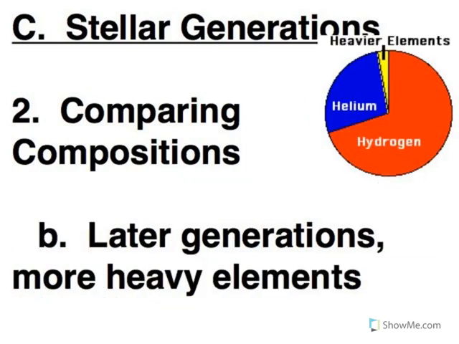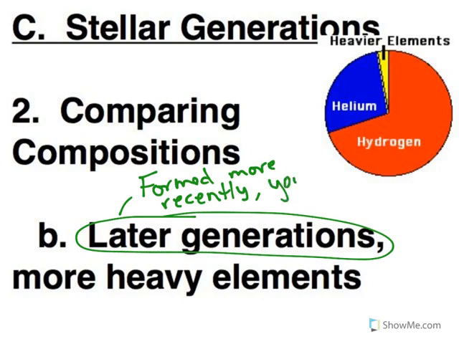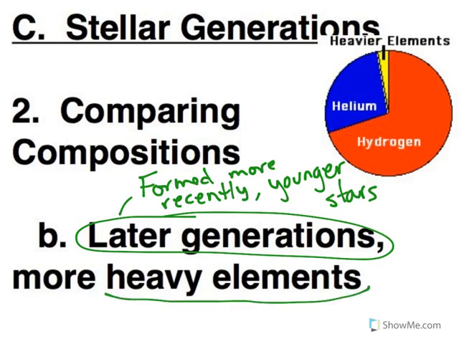It's only when you get to later generations, ones that have formed more recently, so these are the younger stars, that are going to have this addition of heavier elements, up to about 4% heavy element composition.